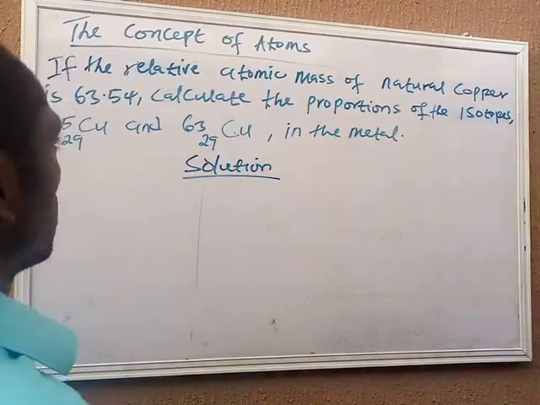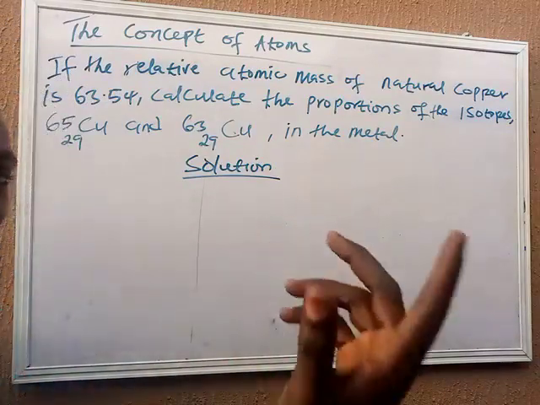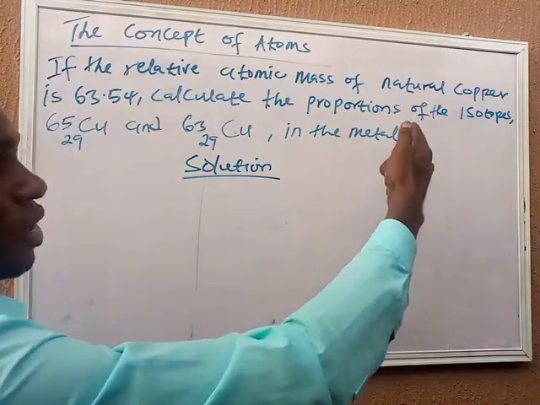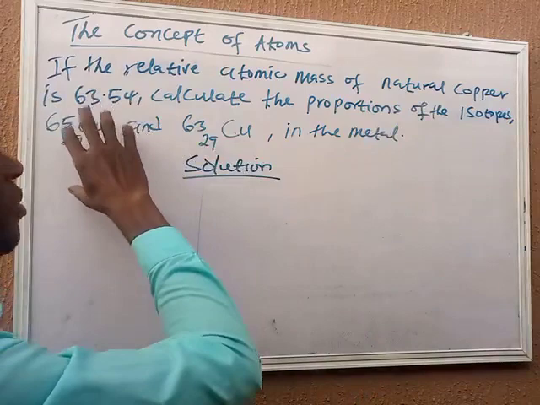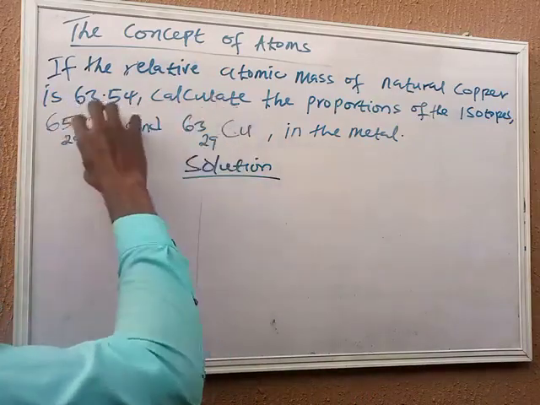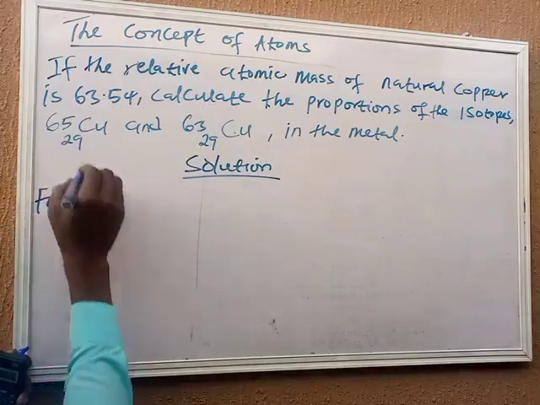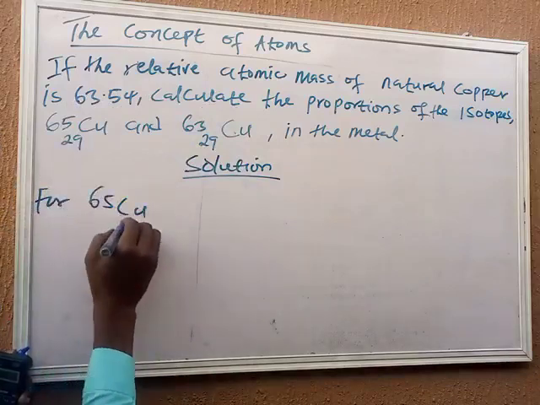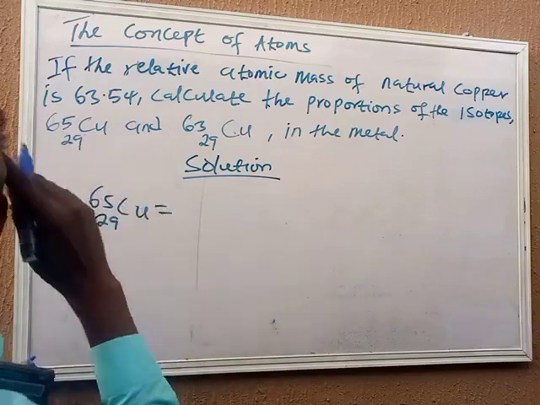Now, what we're going to do is we'll look for the differences, the difference between the relative atomic mass and the mass number of each of this copper. So for 65, we'll have the first one.